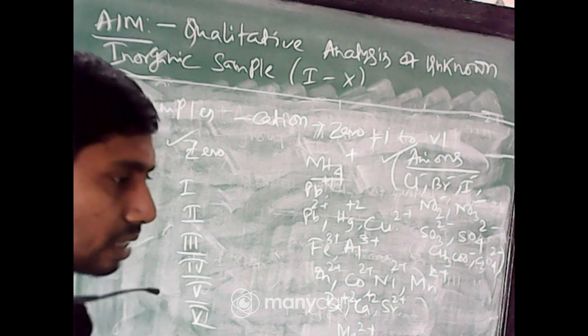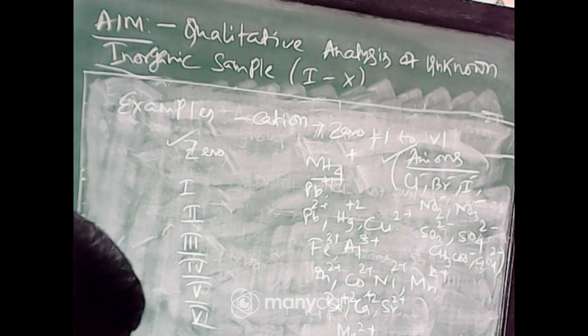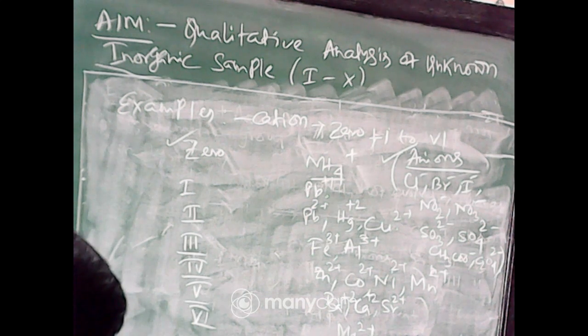Now this type of separation you can see on a page number of that PDF. Just move to that page number. As I am saying, it will be a detailed discussion.